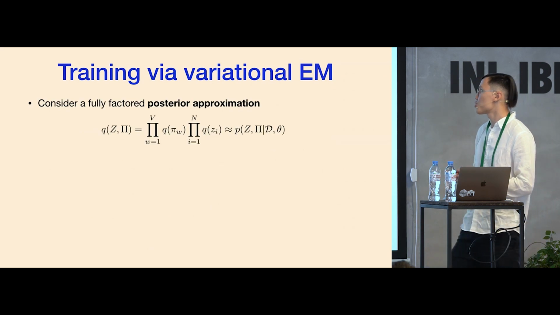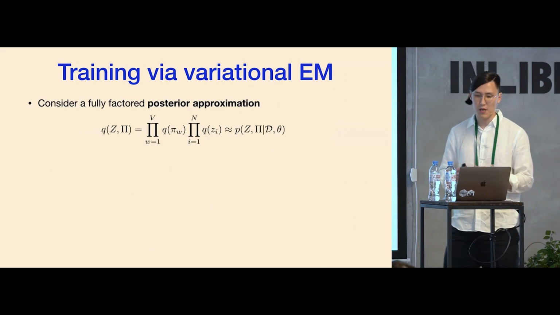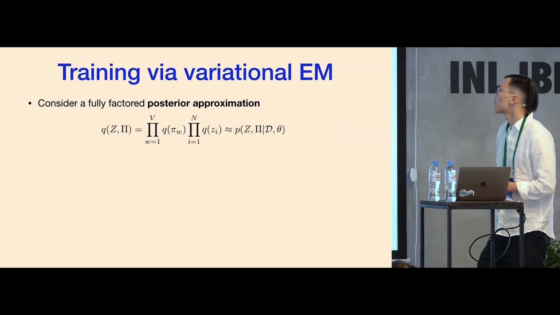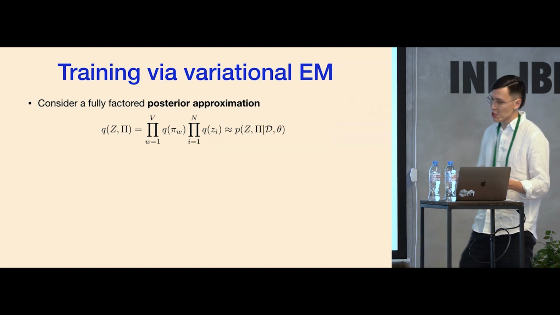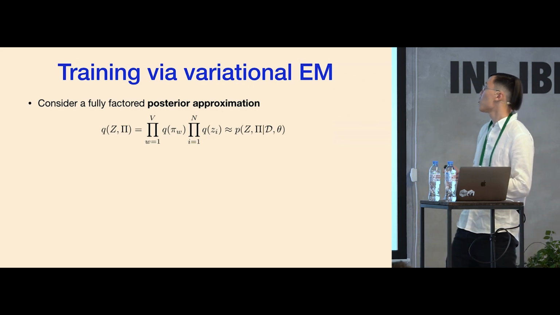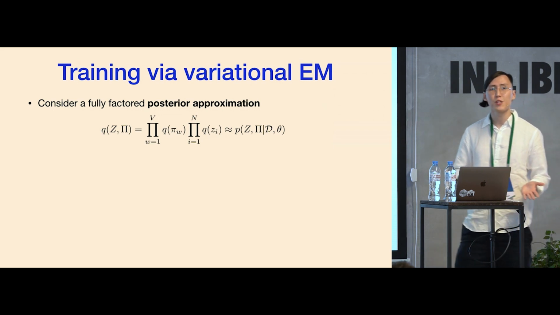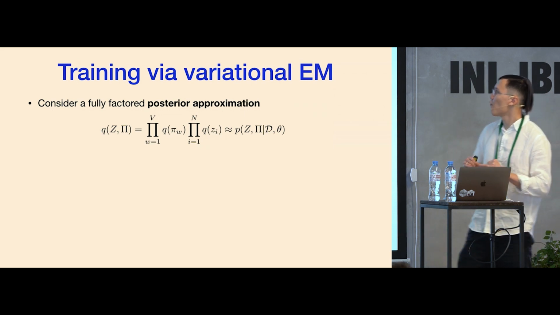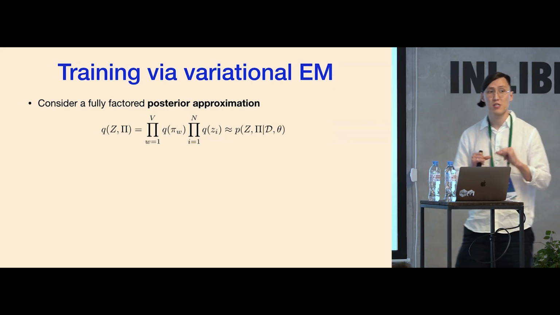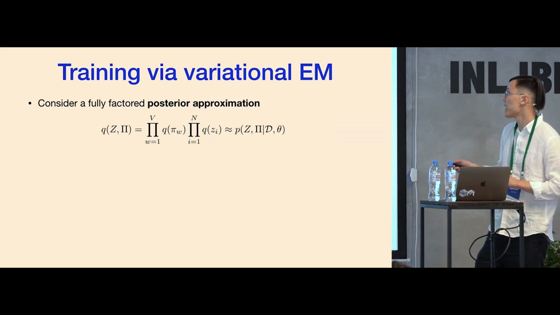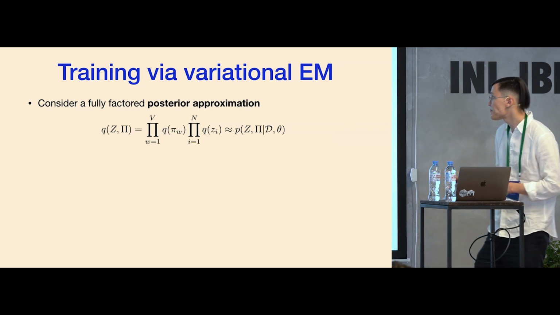As we know, in this situation, we usually have to resort to some kind of approximate learning method, and one of the most practical and computationally efficient approaches would be to employ the variational EM algorithm. If we are going to derive a variational EM algorithm, we need to choose the family of variational approximations we will be using to approximate the true posterior over word meanings and meaning probabilities.